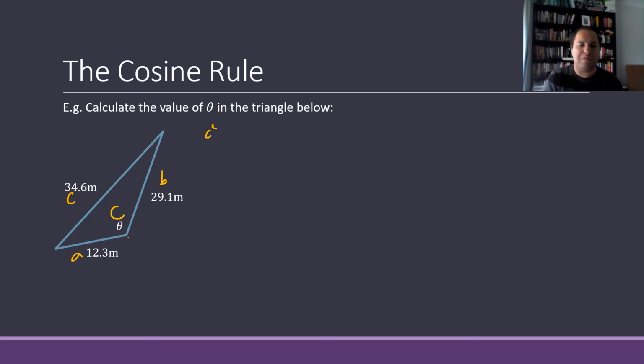Now, starting off with the cosine rule, what I'm actually going to do is rearrange this formula we've got here. I'm going to rearrange it and ideally get cos C on its own. So what I'm going to do first is subtract a squared and b squared from both sides.